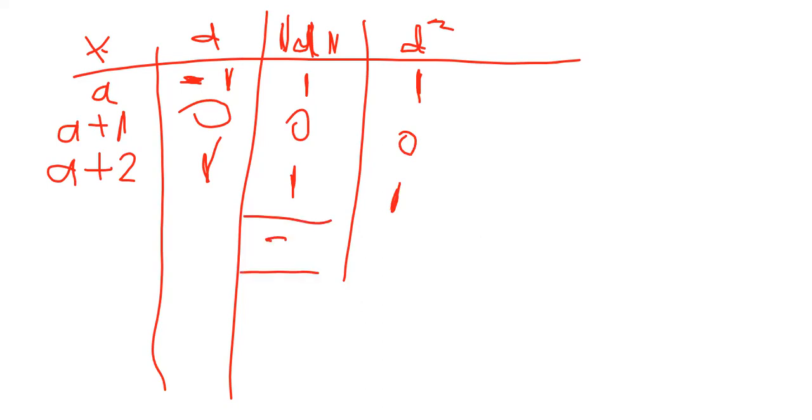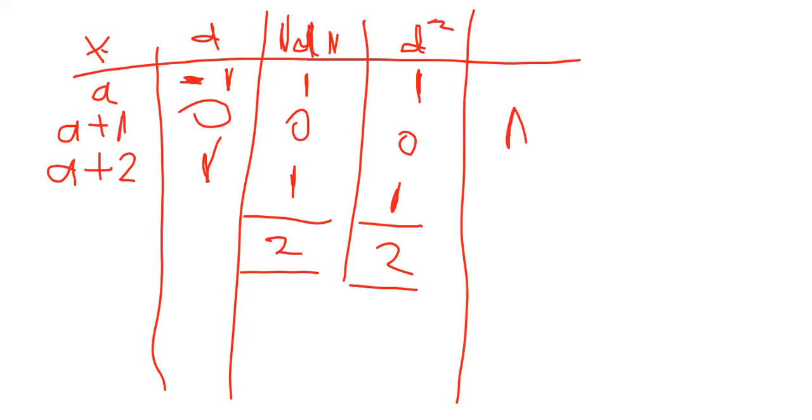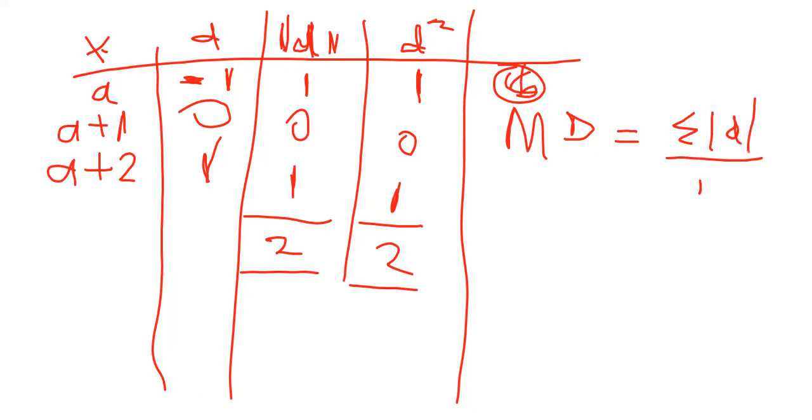Here is 2, here is also 2. So without wasting time, our MD, mean deviation, which is the B part of the question, will be the summation of the positive values of deviation all over n. And here it is 2 over 3.